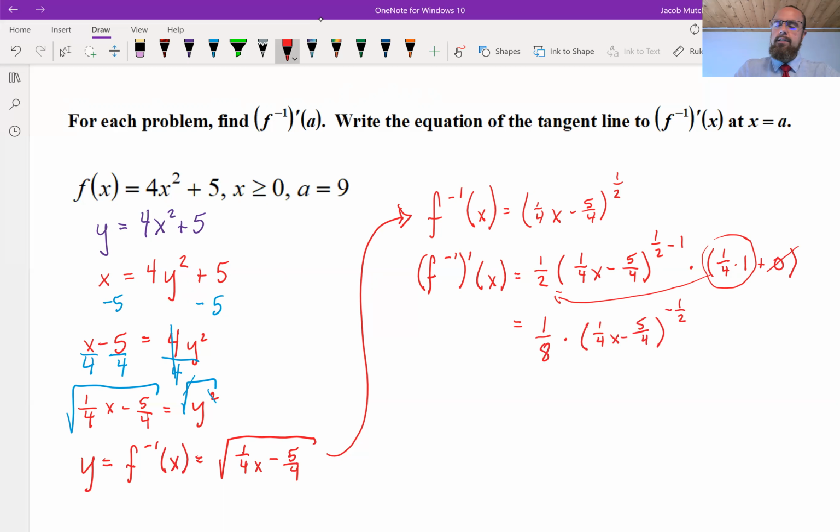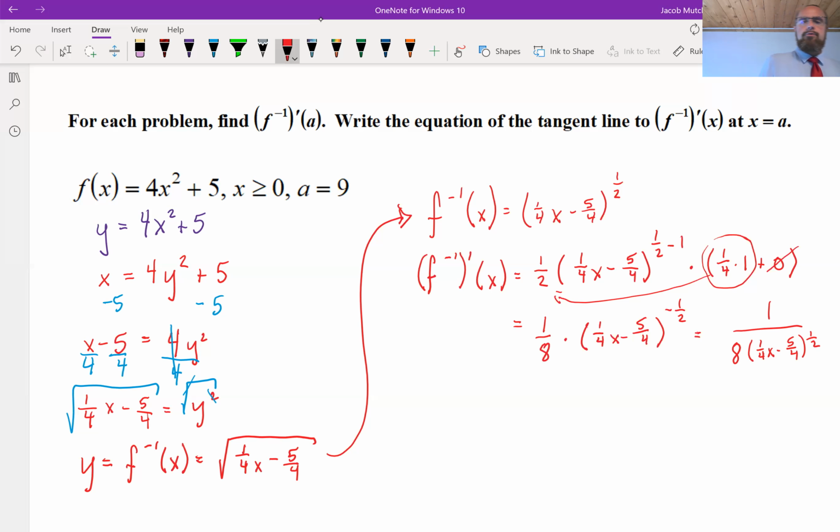So we could write this as a rational function 1/8 times a quarter x minus 5/4 to the power of positive 1/2.